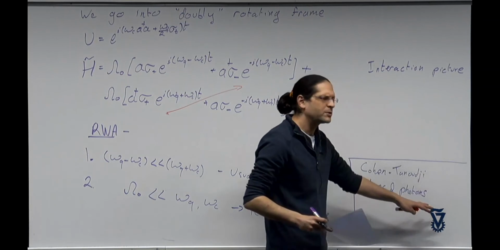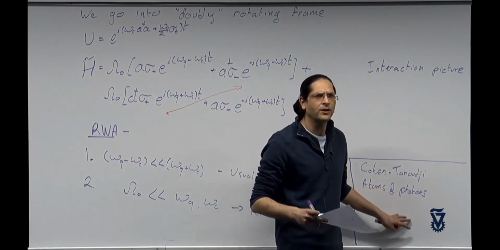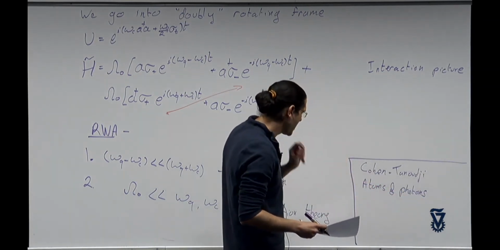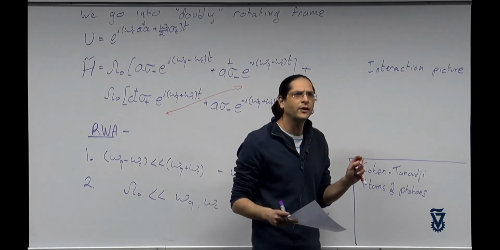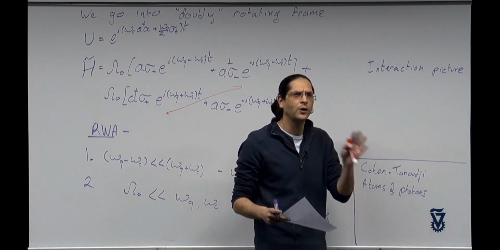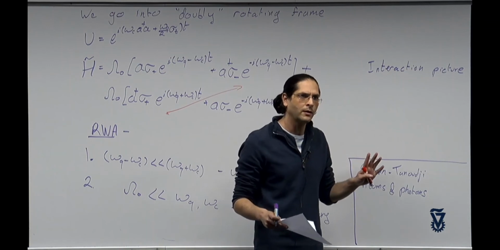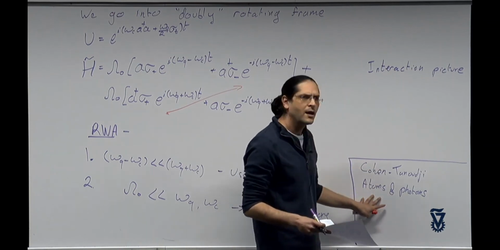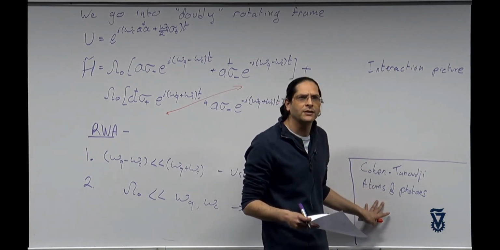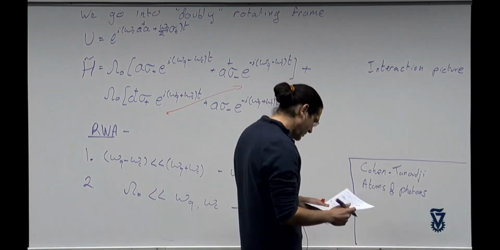It's called Atoms and Photons Basic Processes or something like that. I don't remember. He has two very good books. One is Atom-Photon Interactions, not that one. The other one is this one. That's basically as rigorous as you can get it. You will find it there.